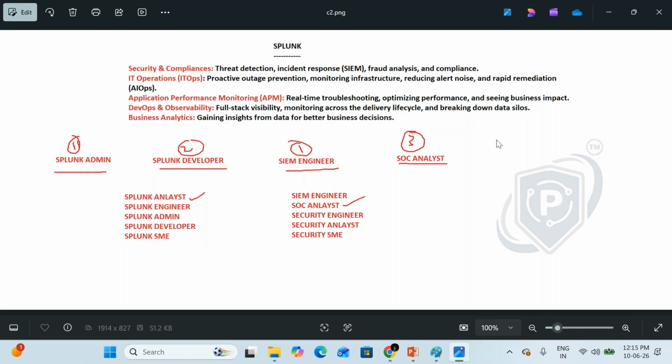The content I am providing, at company level, would cost $5,000. Splunk Architect training taken from Splunk itself would cost around $4,000 to $5,000.